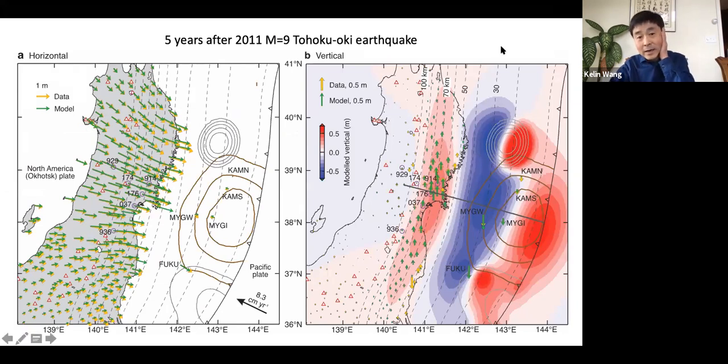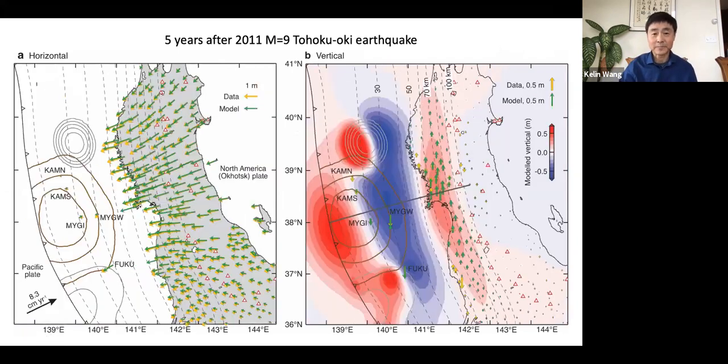And because I'm used to looking at subduction going from left to right, let's flip it here. And the most important is the vertical deformation here, especially the uplift in this area near the volcanic arc here. And that is evidence for the post-seismic uplift in the presence of the cold nose.